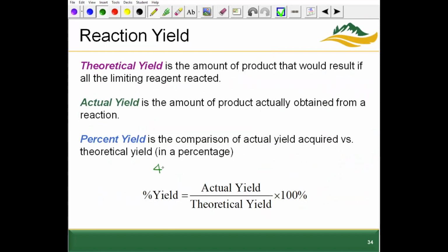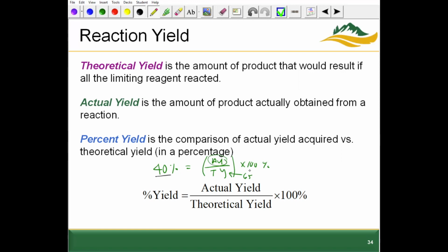So now we have a 40% yield. This equals our actual yield over our theoretical yield times 100%. We just figured out this theoretical yield of C, so we can plug in 6.5 grams here to isolate just our actual yield.